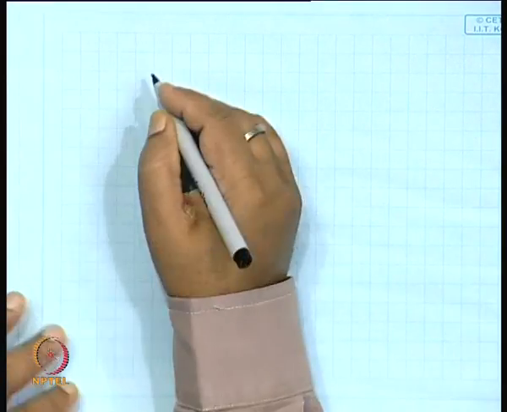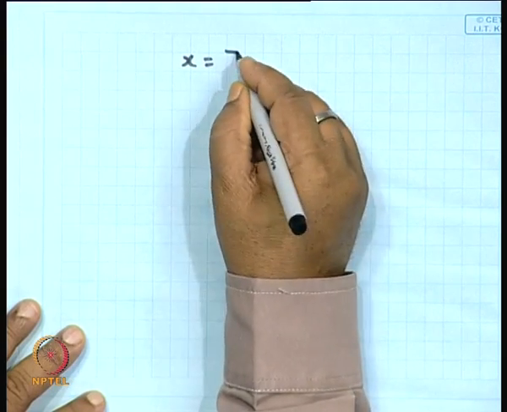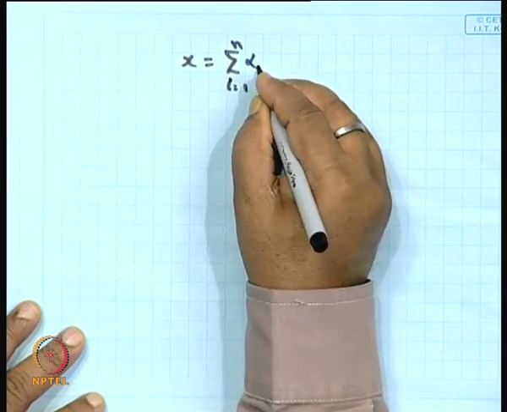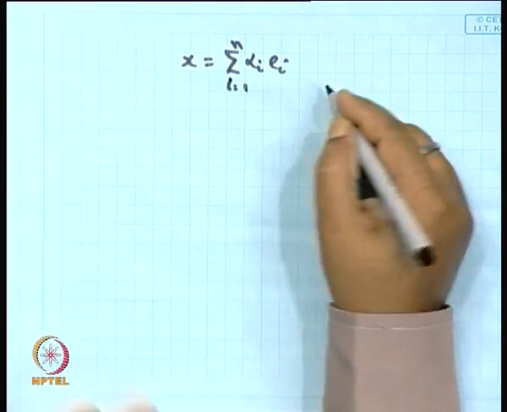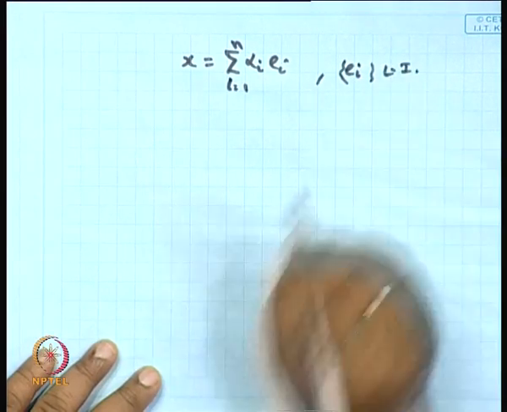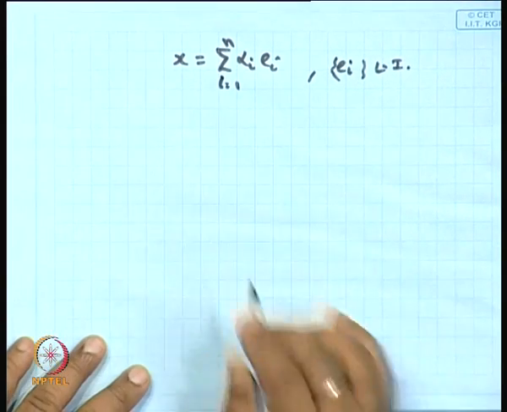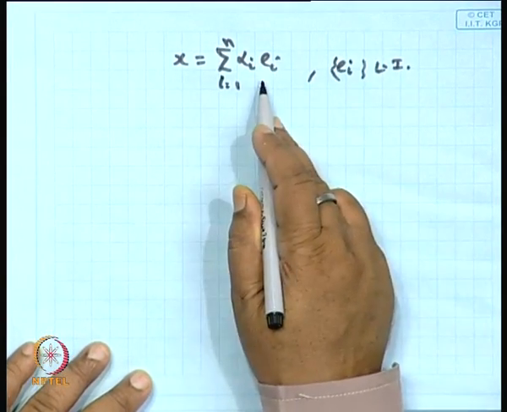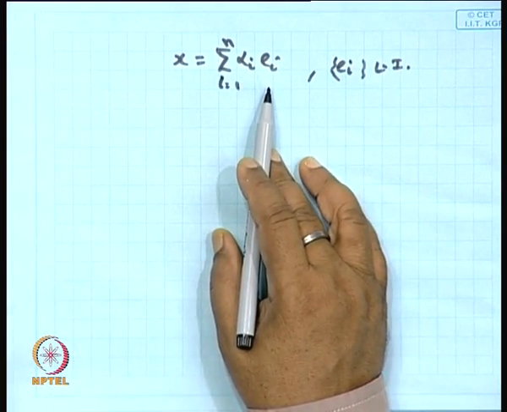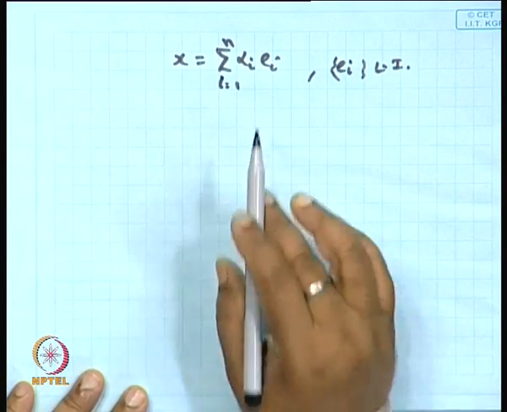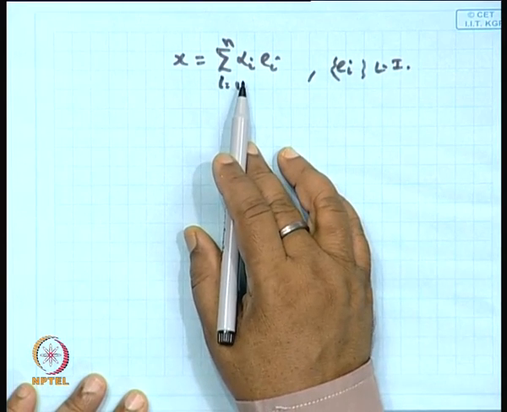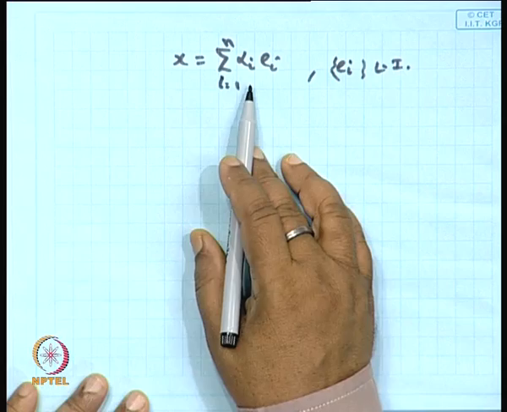Now, since x can be expressed as sigma i equal to 1 to n alpha_i e_i, where e_1, e_2, ..., e_n are linearly independent vectors, because these are the elements of the basis. So, for linearly independent vectors, we have seen one result, that if e_1, e_2, ..., e_n are linearly independent vectors, then one cannot expect a vector involving a large number of scalars but a minimum length.